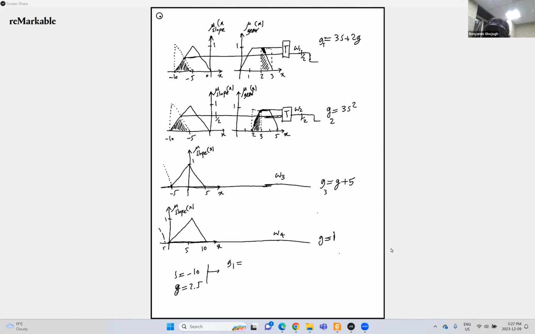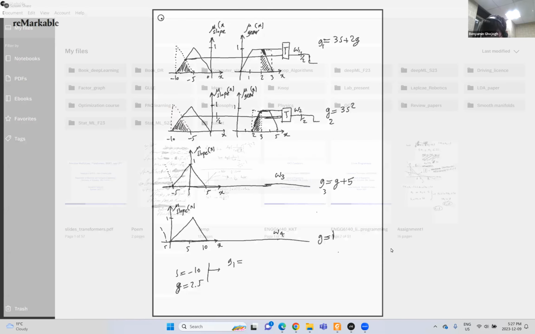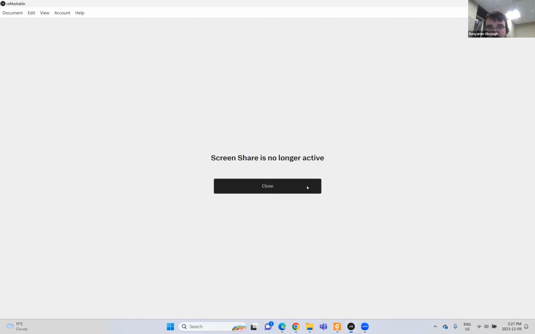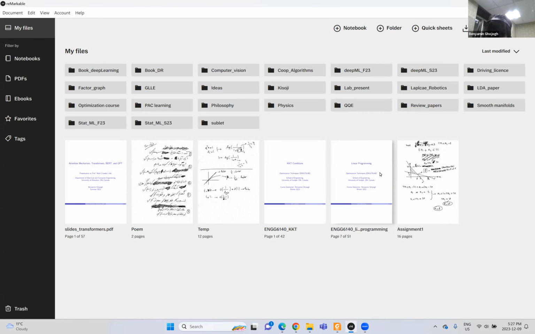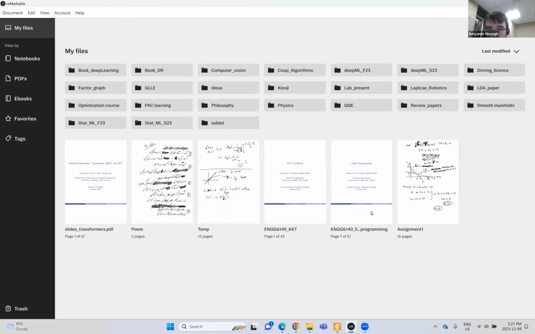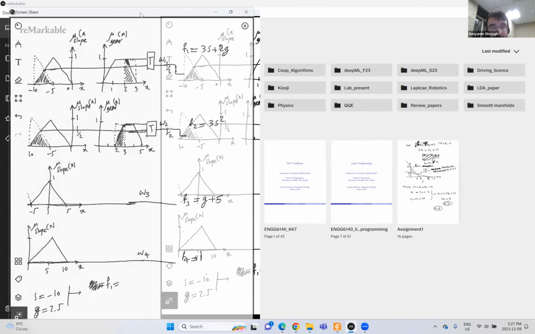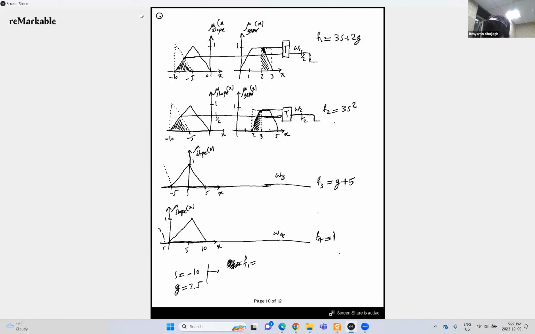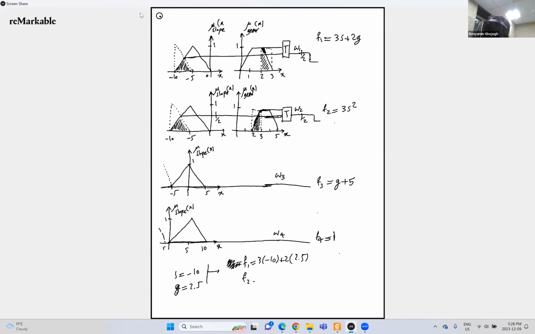As a result, F1 becomes 3 minus plus 2 G. F2 becomes 3 minus 10 squared.